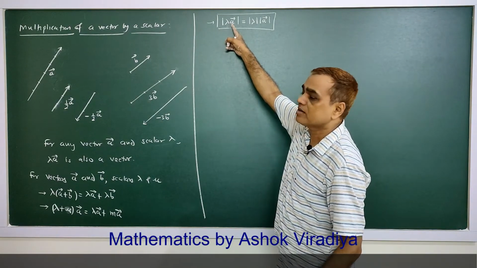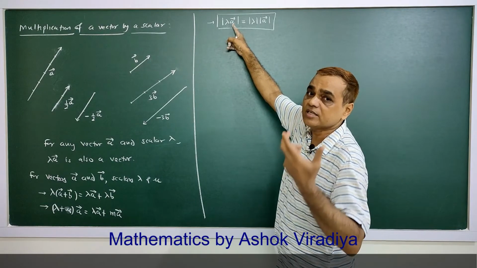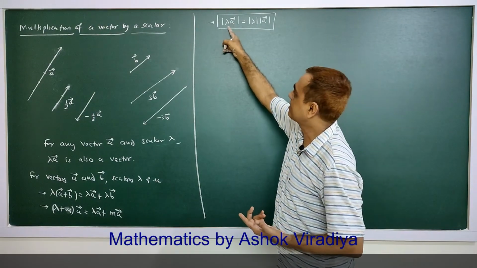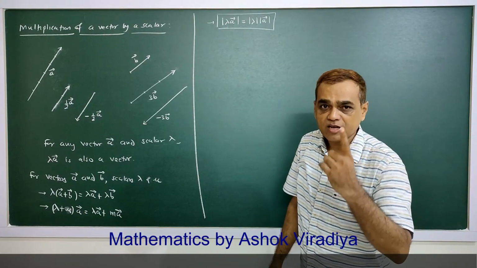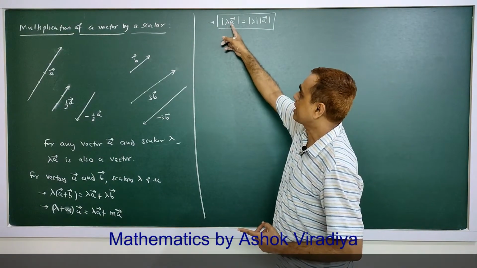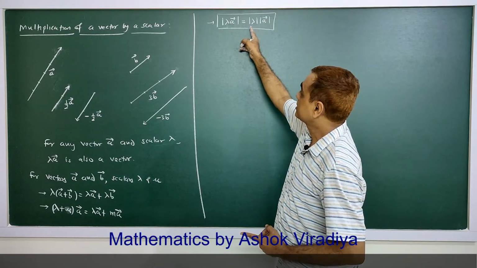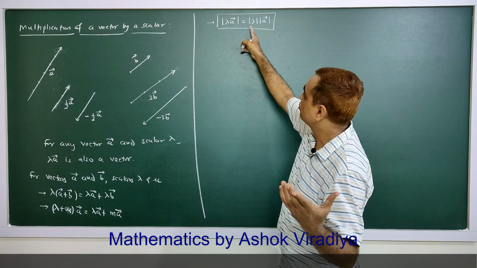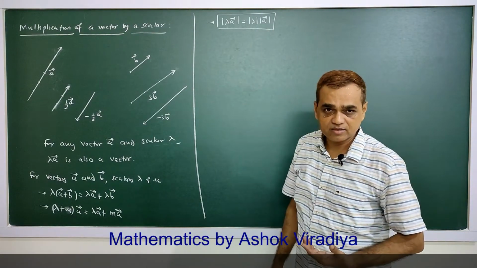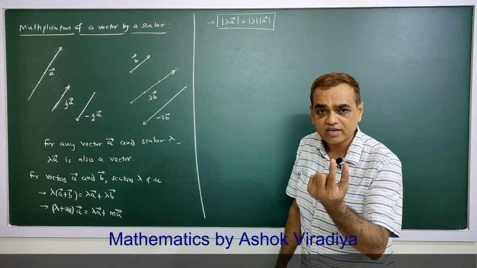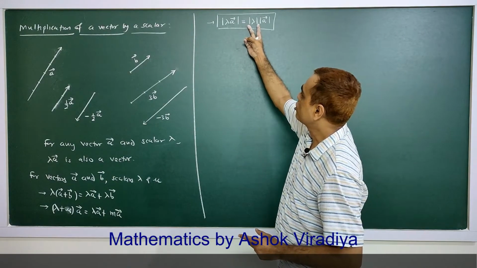Lambda times a bar, or lambda times vector a, is a vector. So over a vector, this is the symbol of magnitude. We speak magnitude. So wherever I have taken a vector, I speak magnitude. Over a number, I speak modulus.